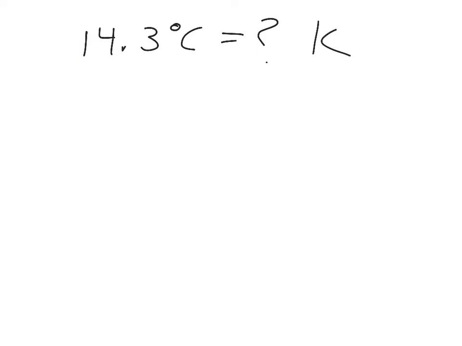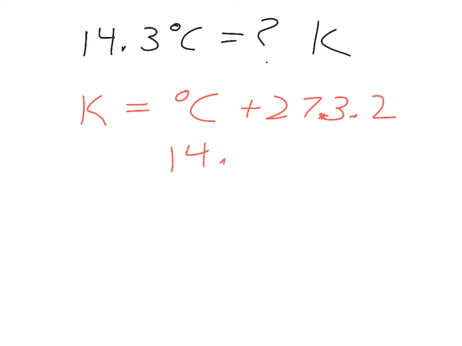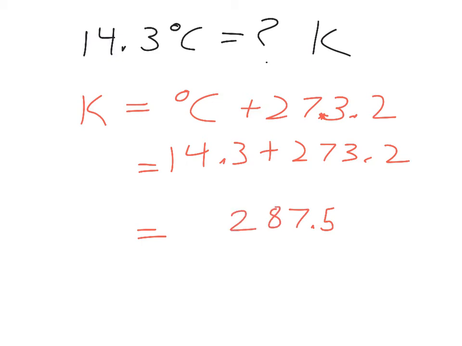Your formula, write it down if you haven't already, is your Kelvin temperature equals your degrees Celsius plus 273.2. So 14.3 plus 273.2 equals 287.5 Kelvin.